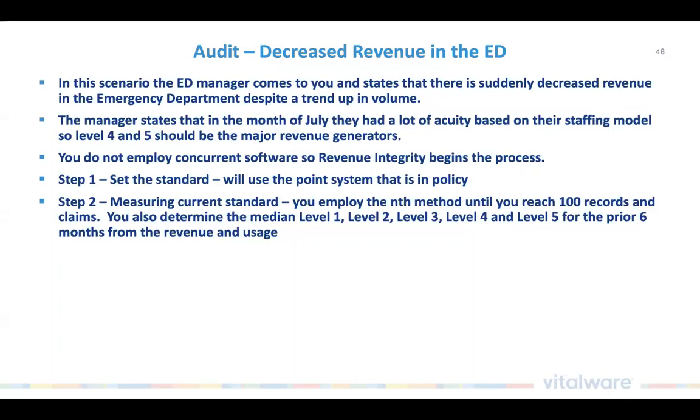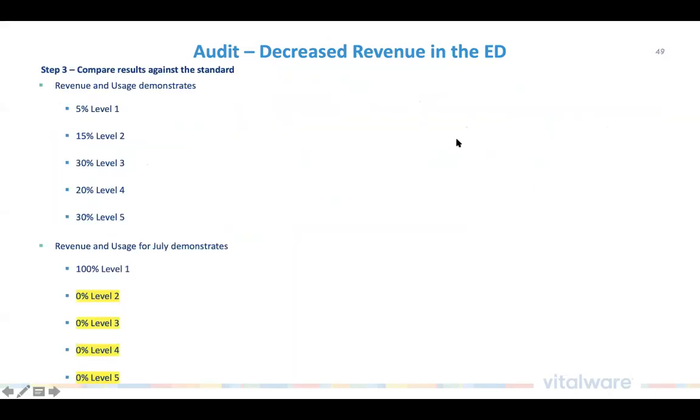You don't employ concurrent software, so revenue integrity starts the nth level process. They set the standard, they used the point system, and they went ahead and did 100 records, and they looked at the median through revenue and usage, level 1, 2, 3, 4, and 5, for the prior 6 months. What we found was 5% was level 1, 15% was level 2, level 3 was 30%, level 4 was 20%, and level 5 was 30% in the benchmark period.